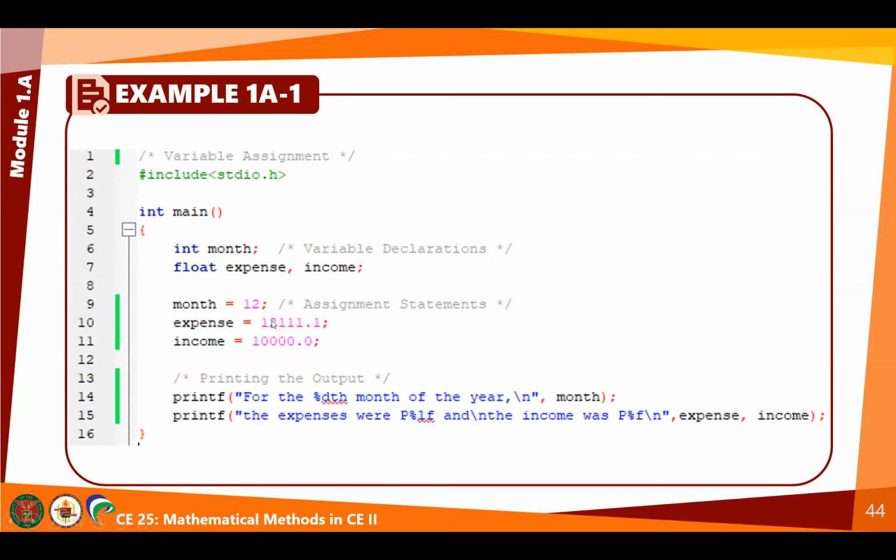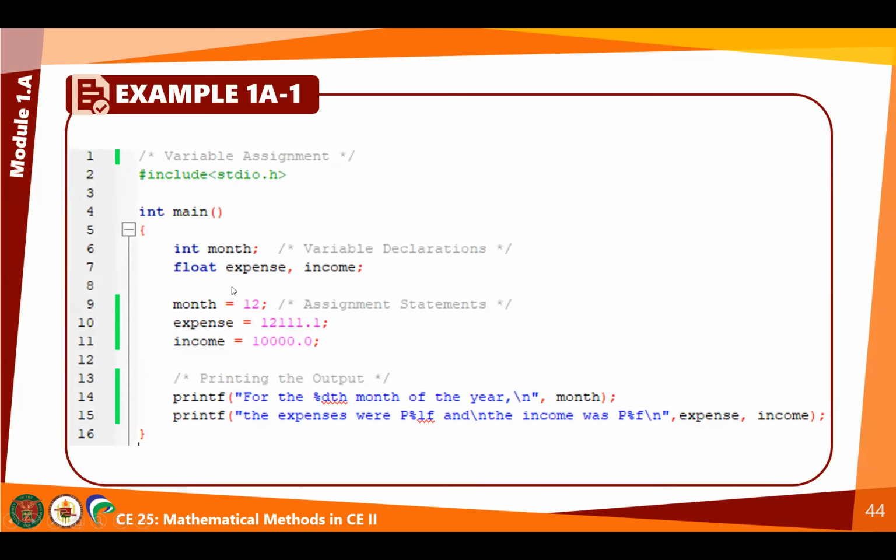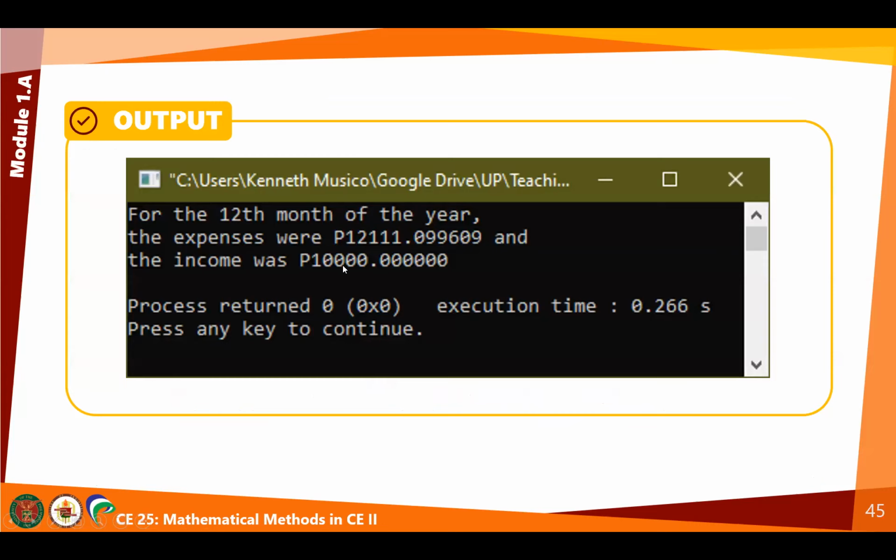Dapat, in order for this to be 12111.1, the expense should be a double type. Okay? So hindi compatible yung data type niya. This one is correct, %f. So 1000.0. And it's correct. So that's what happened. Okay.